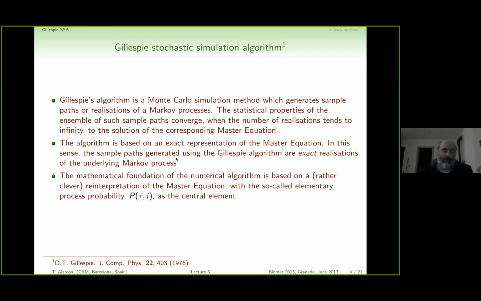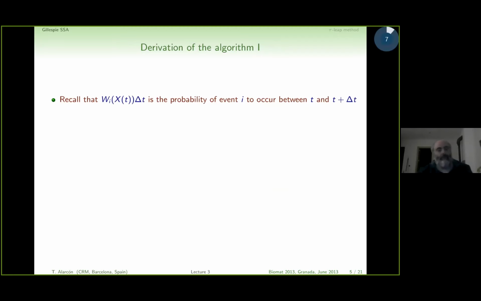This is the central quantity of the method. Recall that this quantity here, the rate multiplied by delta t, is the probability of the event I, the event that has this rate associated, to occur between t and t plus delta t.